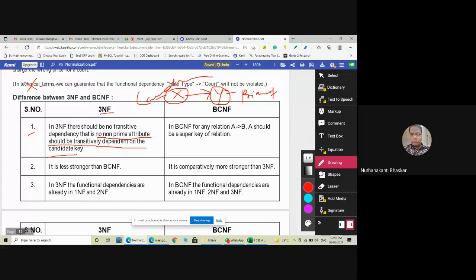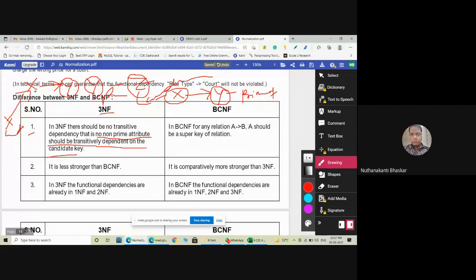If you write X determines Y, Y determines Z, this is not accepted. If Y is a prime attribute, maybe the primary key, then it must not depend on something that is not a candidate key, meaning X must be the candidate key.